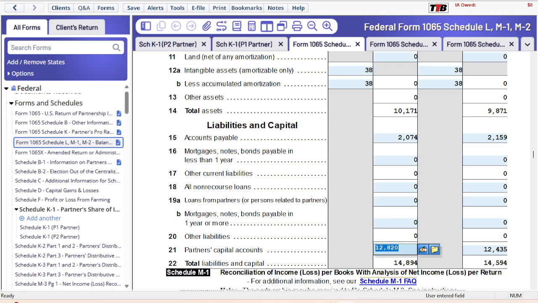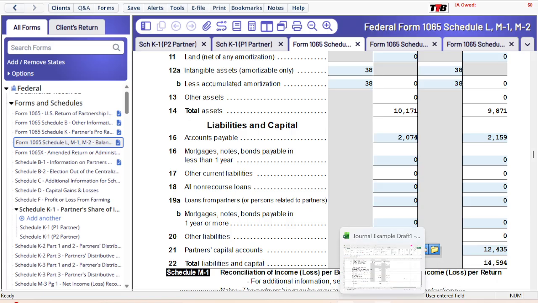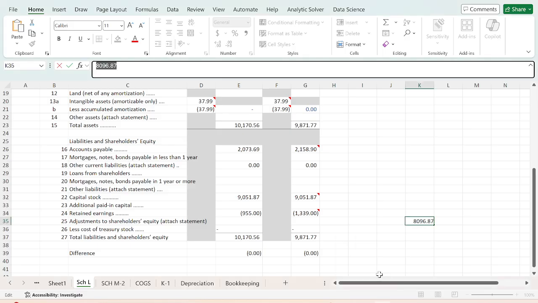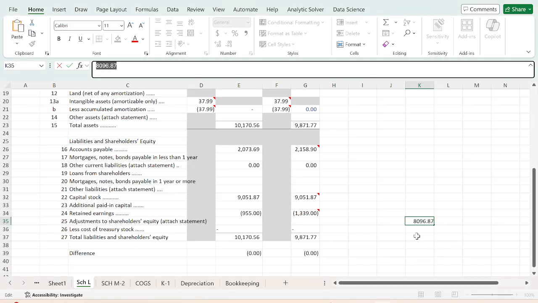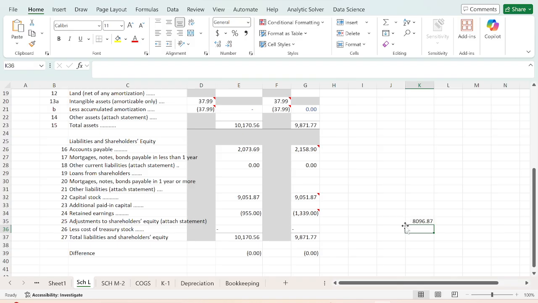No, it is not correct here. 80, 96, 87. Okay, hold on, let's do that here. Equal this times 0.75. Okay, equal this times 0.25.